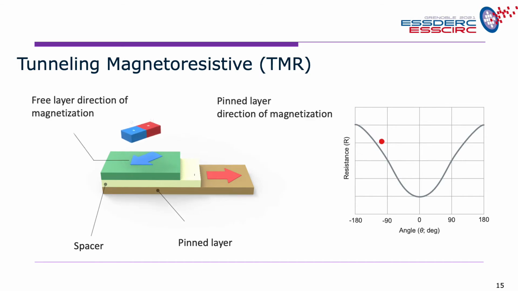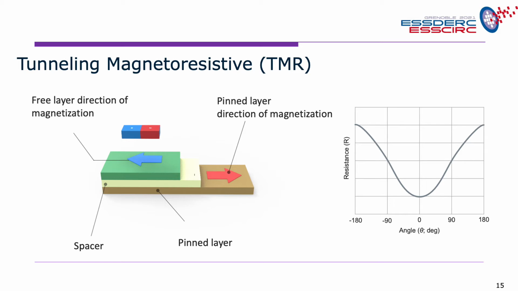If we look at the figure here, we have three layers. The first layer shows a pin layer, and on the top layer we have a free layer which will change.